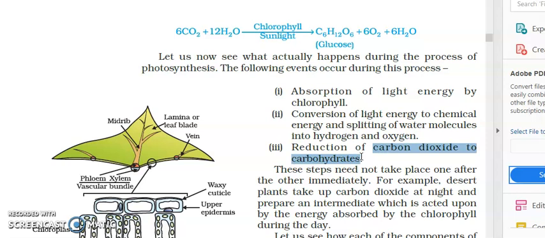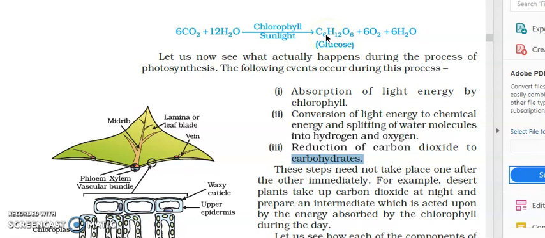So the carbon dioxide from the atmosphere is going to be reduced within the plant cells, within the chloroplast stroma matrix. Remember, just in the video you saw right now, matrix of the chloroplast, the stroma. Over there, the carbon dioxide will be fixed or reduced in the form of carbohydrates. What kind of carbohydrates? Glucose. A lot of glucose molecules will be generated.